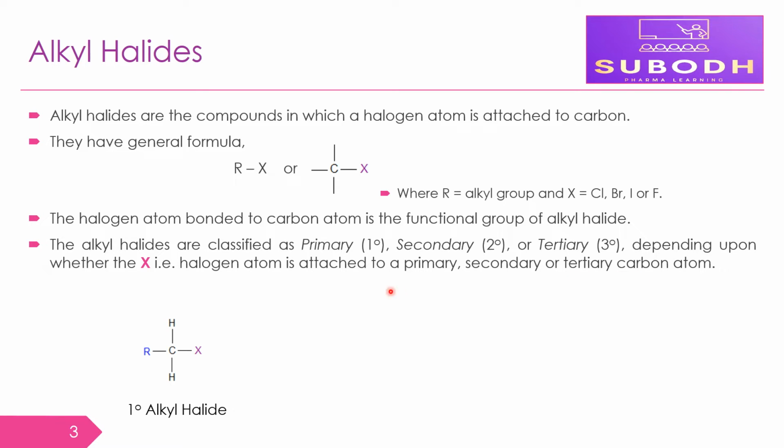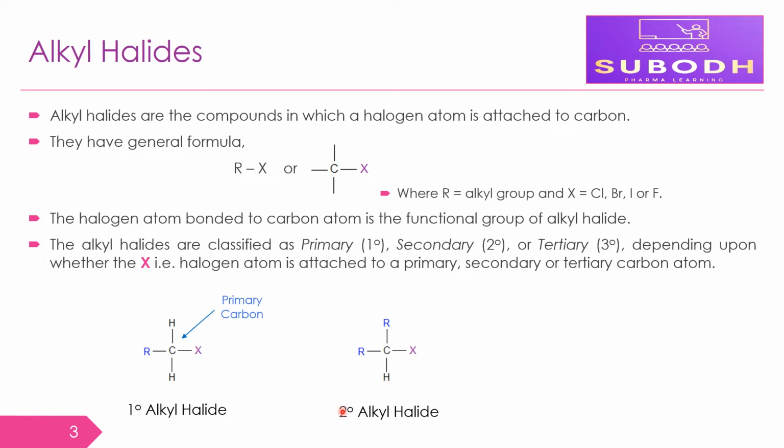See, in primary alkyl halide, the halogen atom is attached to primary carbon. What is primary carbon? The carbon atom which is attached to one other carbon atom or no other carbon atom is known as primary carbon.